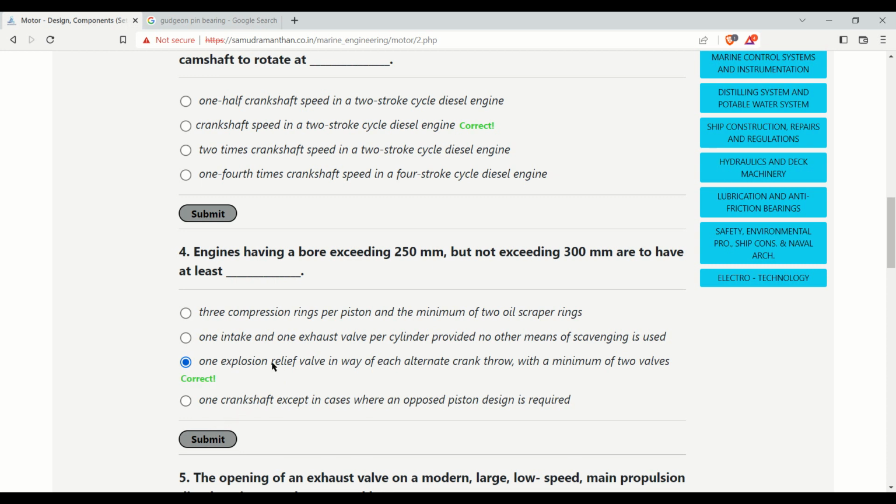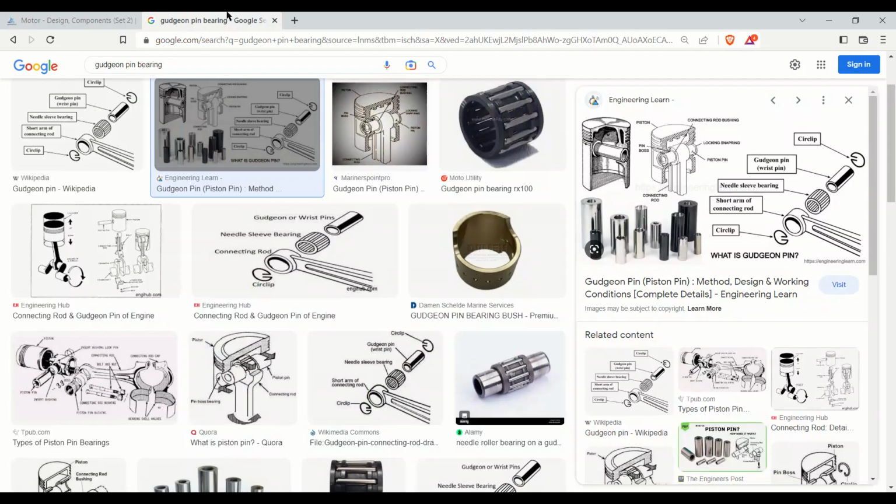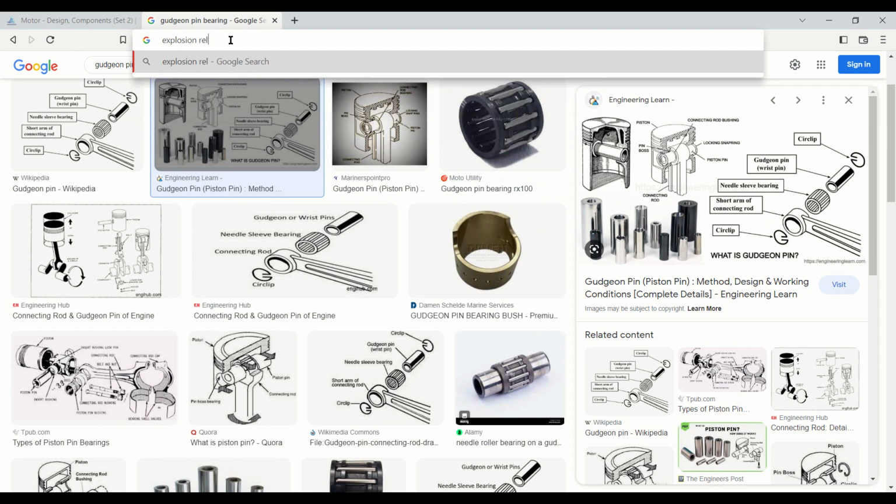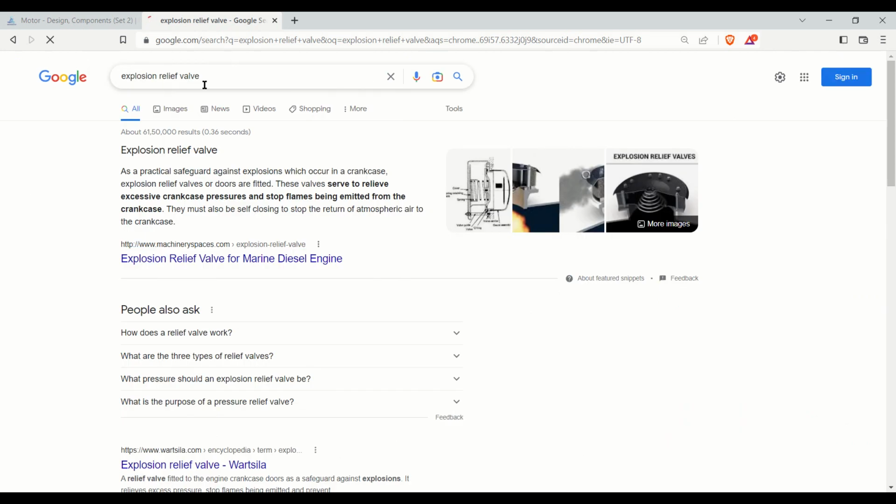Now let's see what an explosion relief valve is and what its function is. It is a practical safeguard against explosion. It protects from explosion which occurs in a crankcase, and explosion relief valves or doors are fitted.